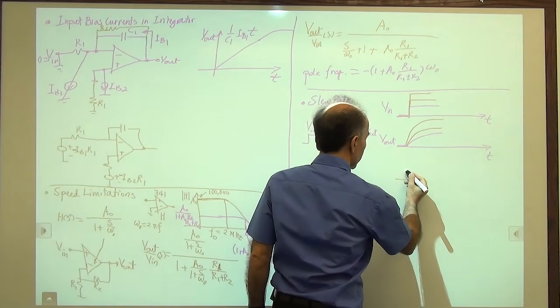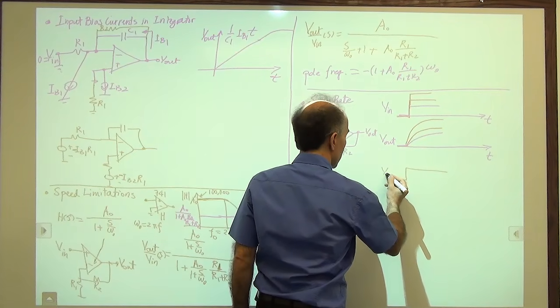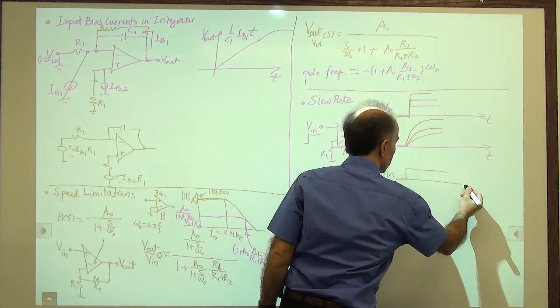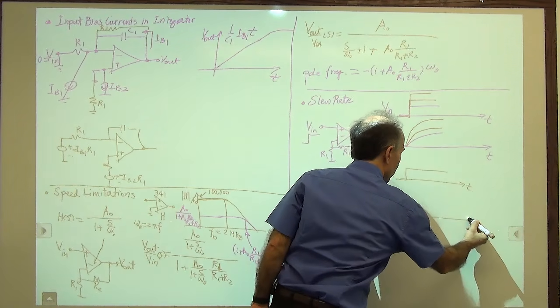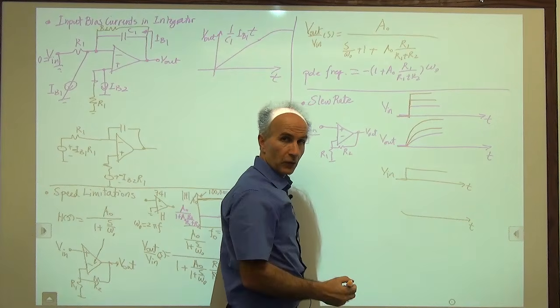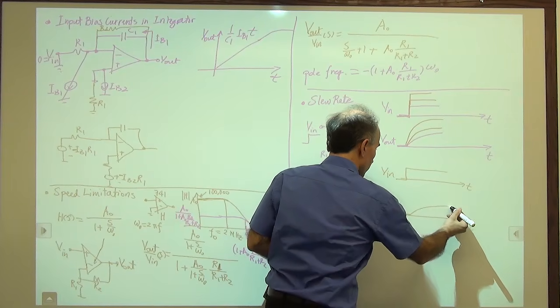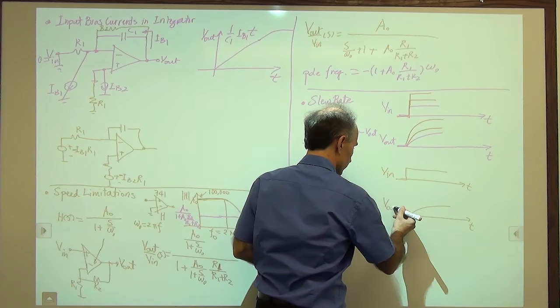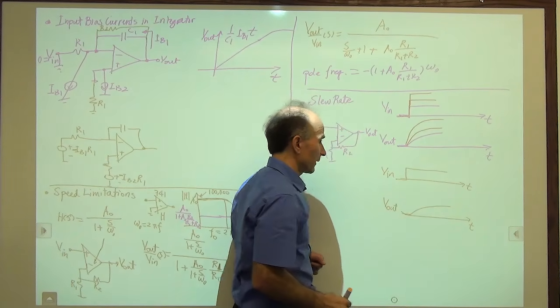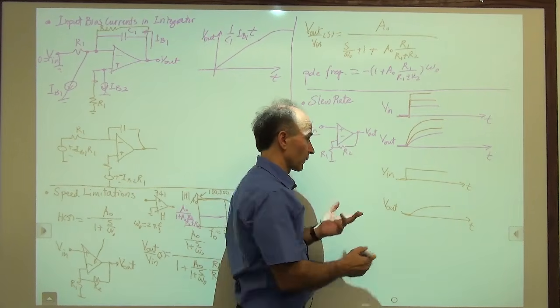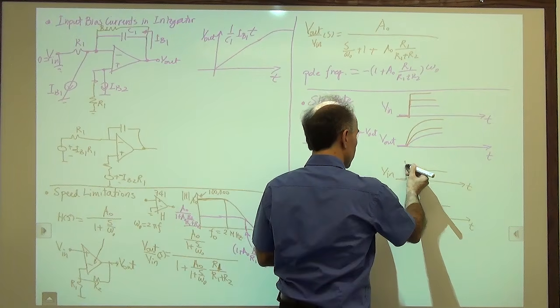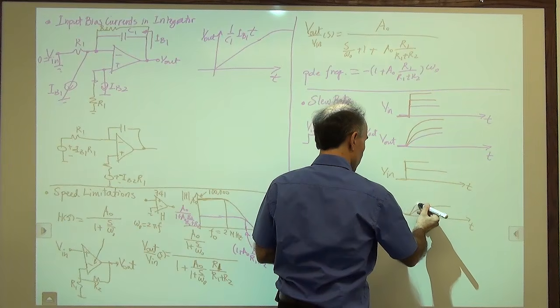Okay, so we have V in, a step, and then V out, an exponential. So if V in is a small step, no problem, similar to before, you have an exponential. And now we come along and increase the step height like before. So we give it another new step, and we see that it did this.